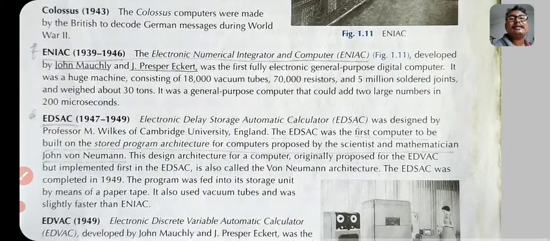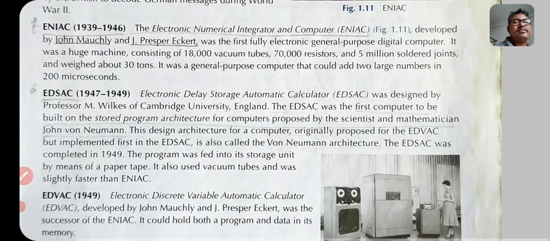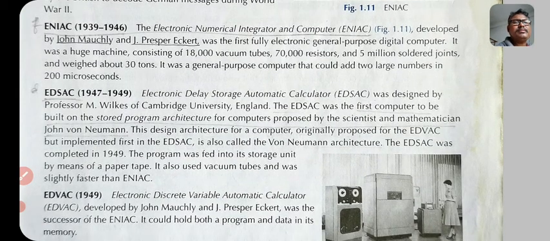Next is ENIAC, 1939 till 1946. It stands for Electronic Numerical Integrator and Computer. ENIAC, developed by John Mauchly and J. Presper Eckert, was the first fully electronic general purpose digital computer.